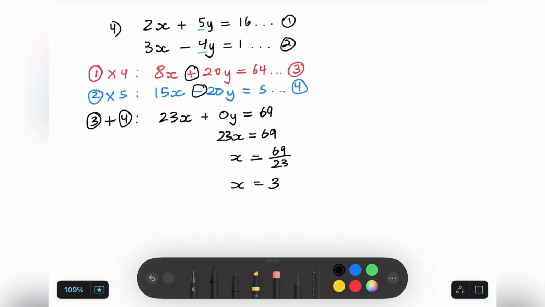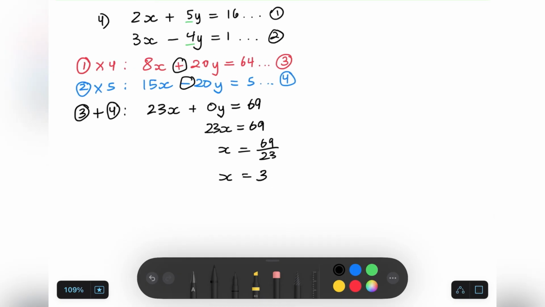And once we have what x is equal to, we could go ahead and substitute it into any one of the equations, right? So substitute x is equal to 3 into, let's say, equation 1. Wherever I have x in equation 1, I'm going to replace it with 3. So that will be 2 by 3 plus 5y is equal to 16.